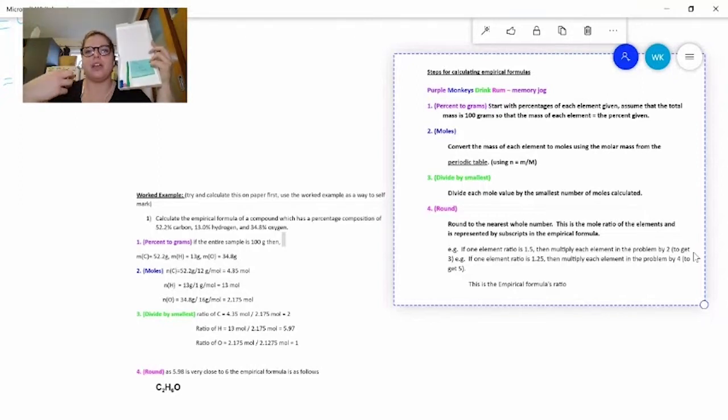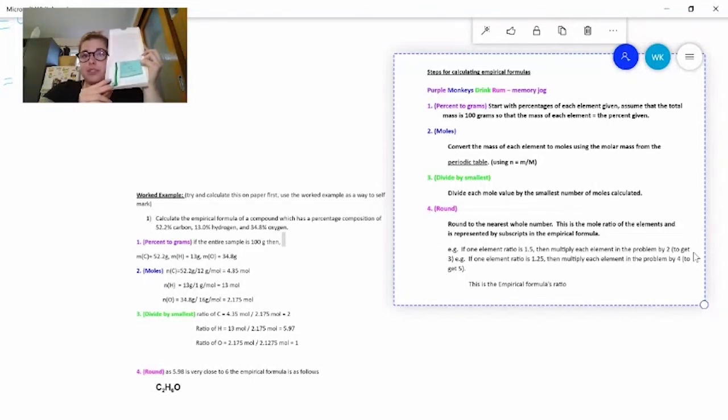This is the actual number of particles that are in the sample. Now when you see it like this, it is very easy to see that you've got about double the amount of carbon that you do of oxygen, and obviously these aren't to scale, but with hydrogen you can tell that there's about 6 times as much hydrogen as there is oxygen.